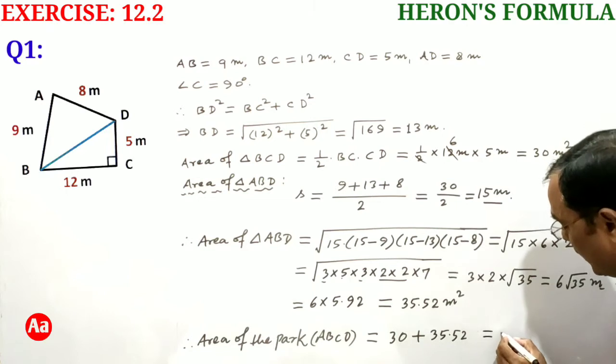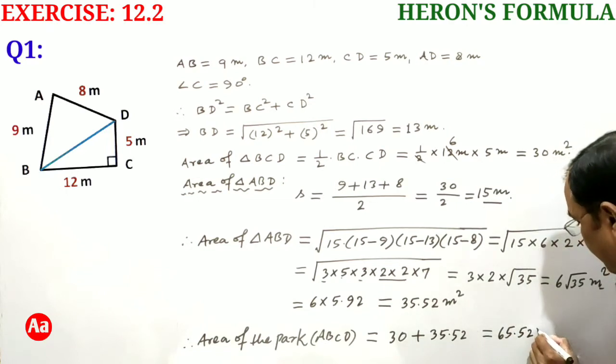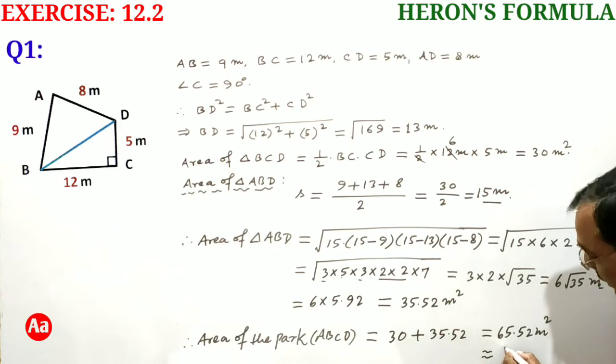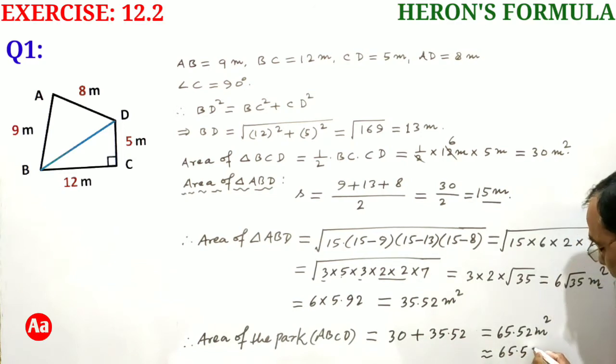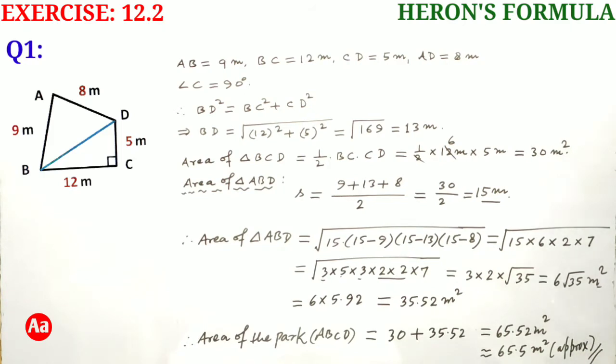This is equal to 65.52 meter square. Further we can round it up to one place of decimal and we can write 65.5 meter square, and this is an approximate value, so here we need to write approx, and this is area of the park in quadrilateral shape, and this is the answer.